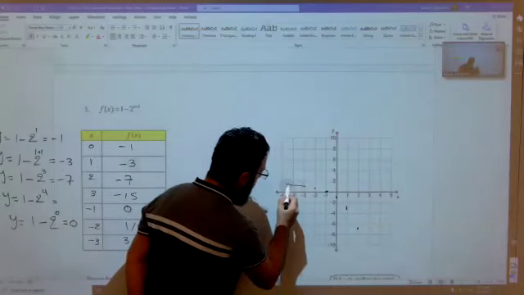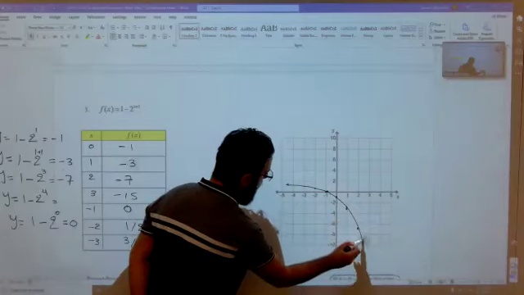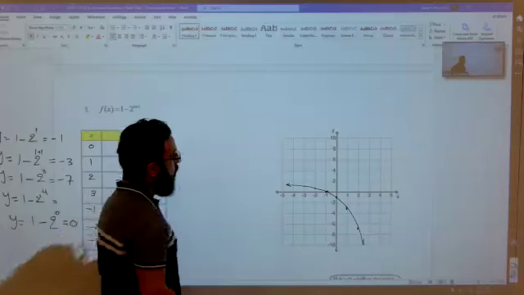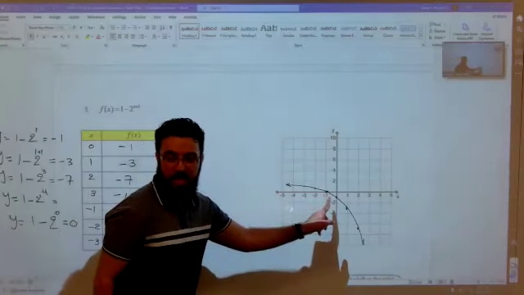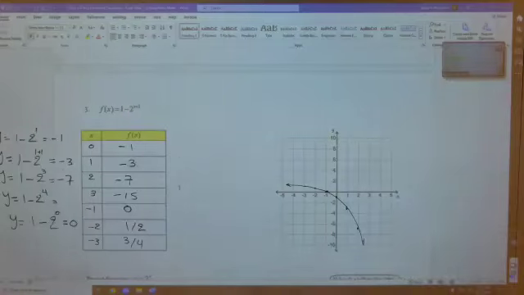That's 1. So the graph is going like this. Keep going down. Here's our graph. With this graph there is an x-intercept because it crosses the x-coordinate. Got it?